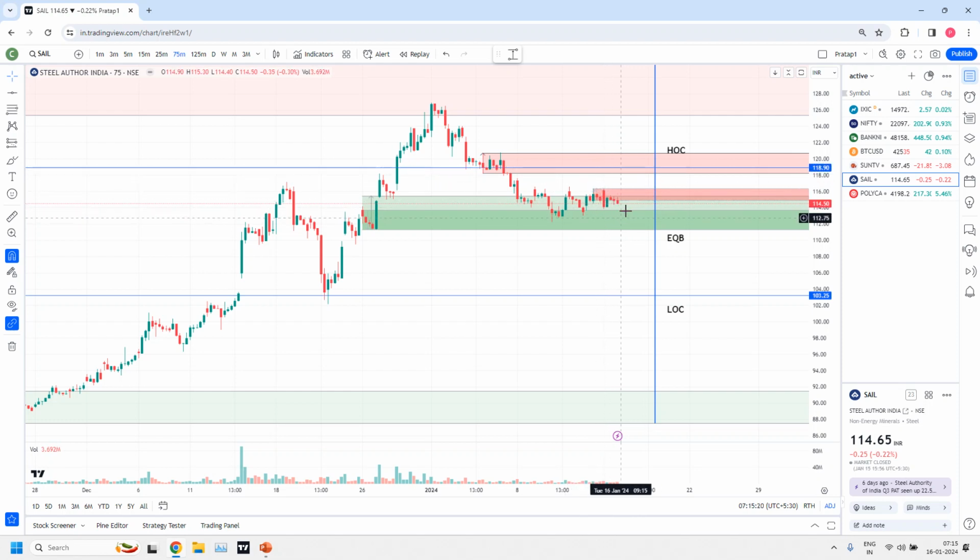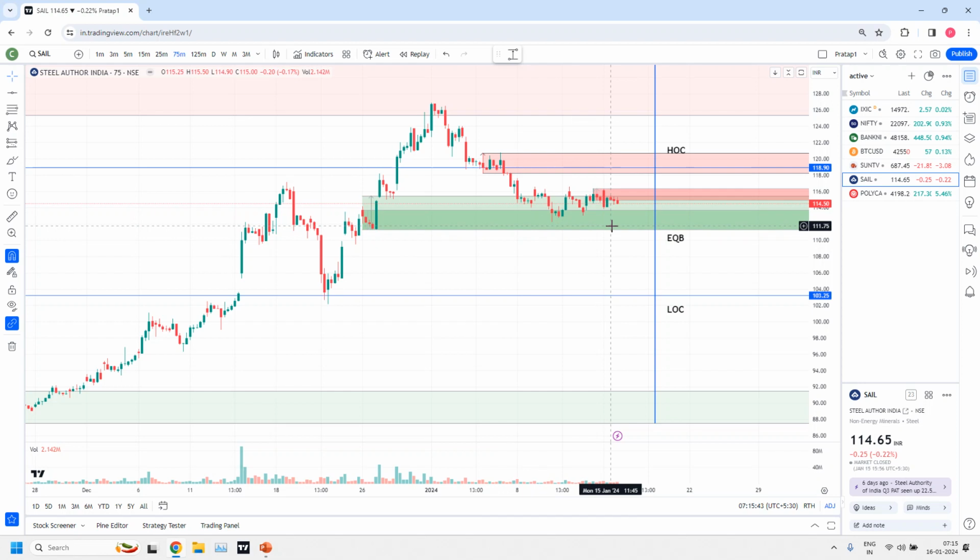So within this daily demand zone, we have a 75-minute demand zone. In that demand zone, you can plan the trades, provided your risk and other concepts you are going to learn in the upcoming sessions also support.